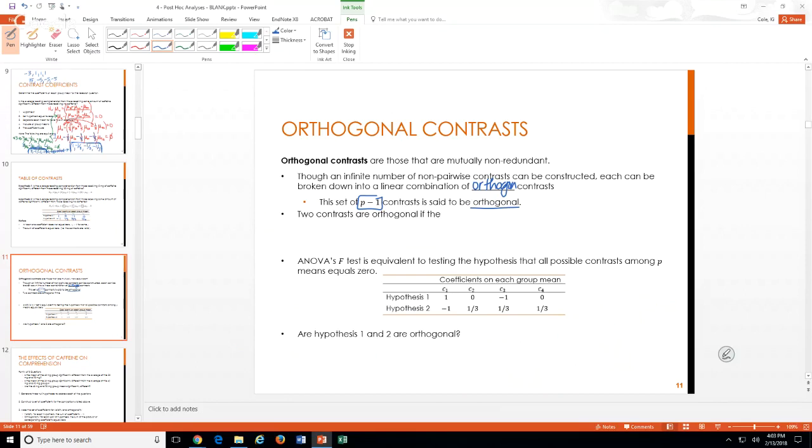We wouldn't need any more. 2 contrasts are orthogonal if the sum of the product of corresponding coefficients equals 0.